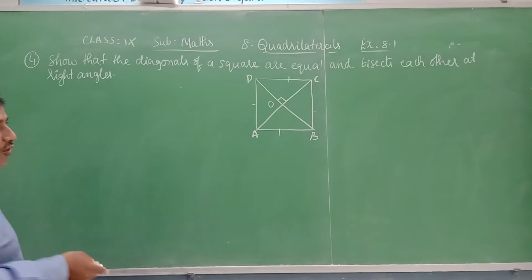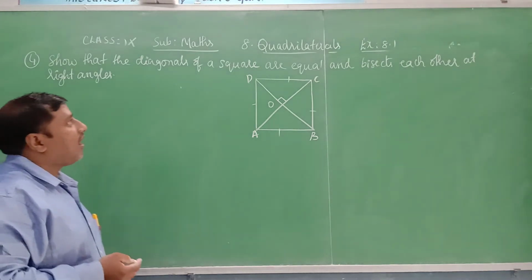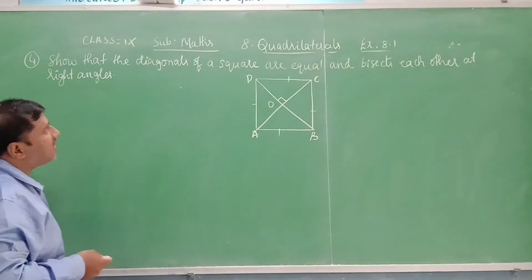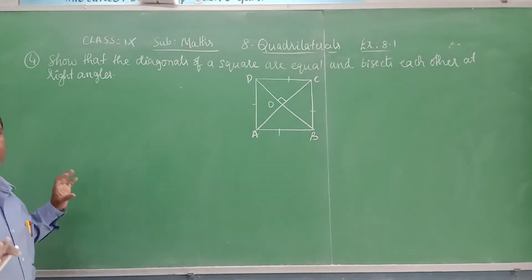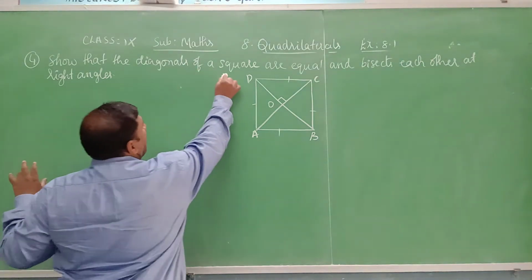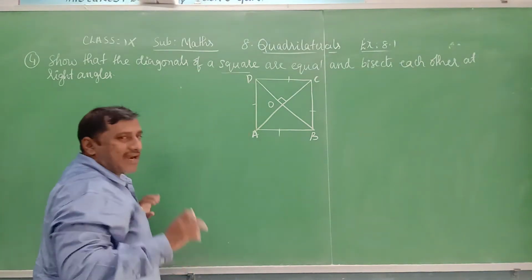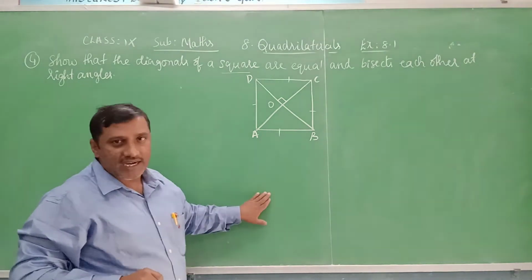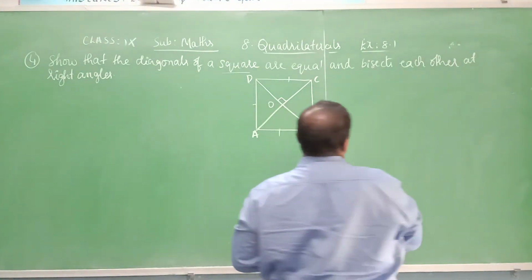Now, see the fourth question. Show that the diagonals of a square are equal and bisect each other at right angles. Means a square is given and you need to prove the two diagonals are equal. That is, AC is equal to BD and they bisect each other at right angles.